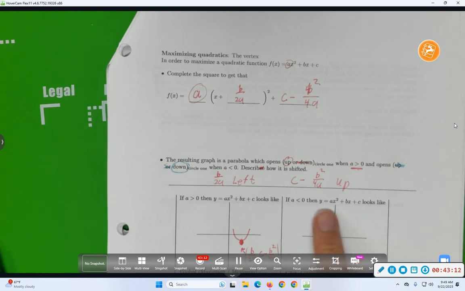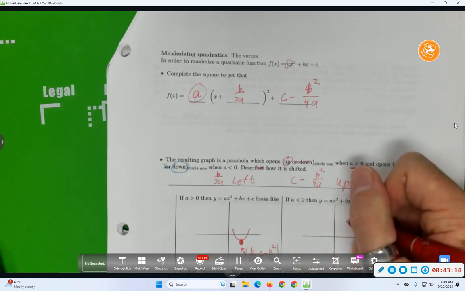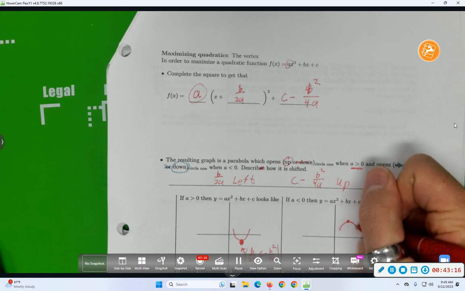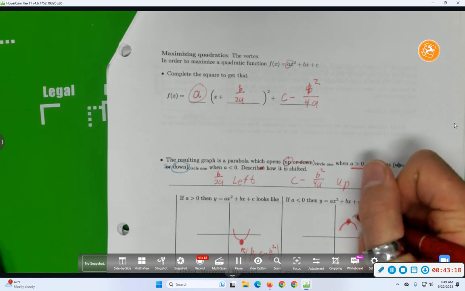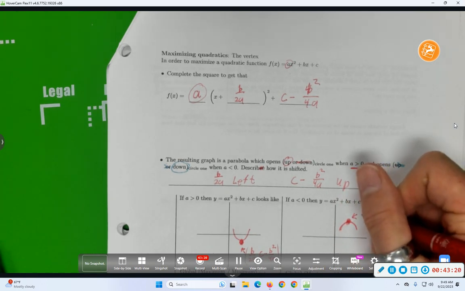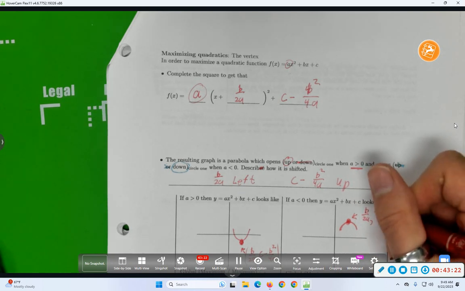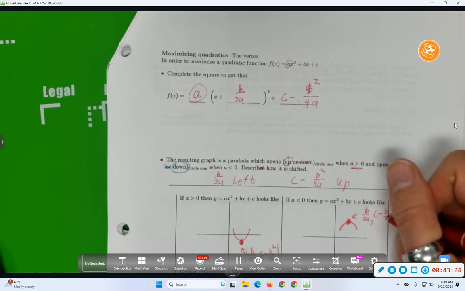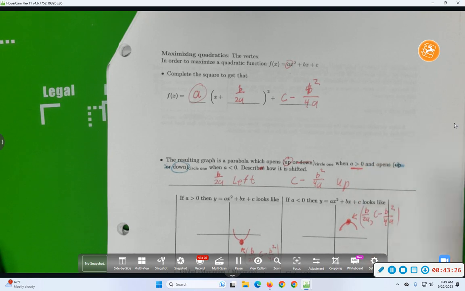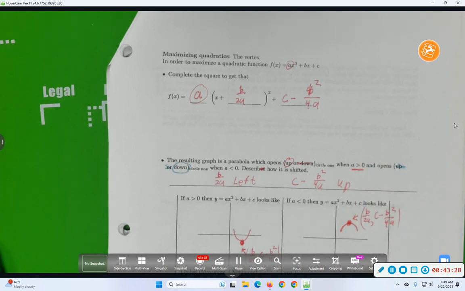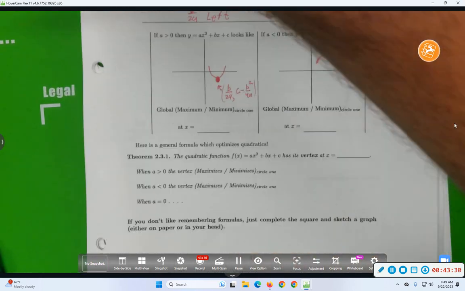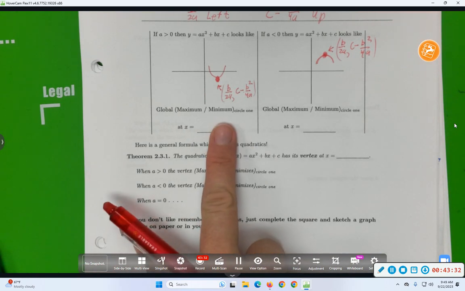If a is negative, then you'll see a downward opening parabola, and the location of this vertex will be the exact same, b over 2a, c minus b squared over 4a. And by looking at these pictures in the abstract, does that have a maximum value or a minimum value?